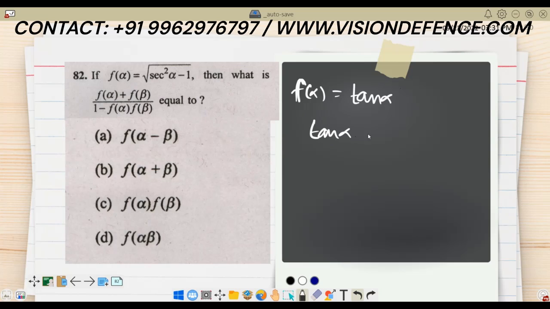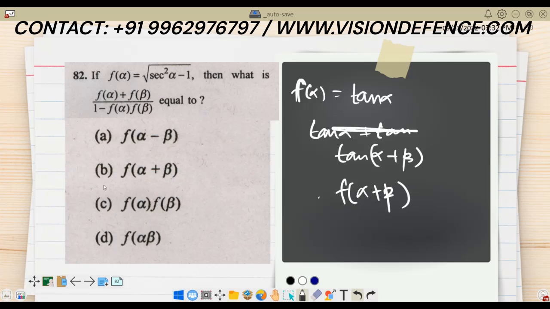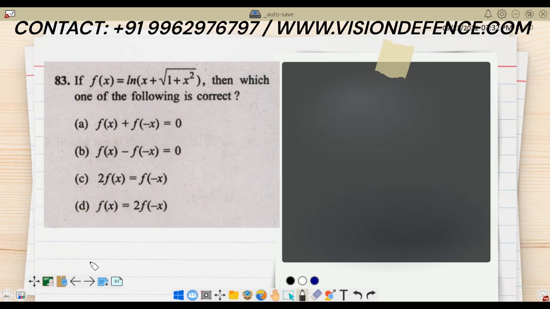This is going to be tan alpha plus tan beta over 1 minus tan alpha into tan beta. This is the tan alpha plus beta formula, right? So this is f of alpha plus beta. B is your answer. Moving on to the next question, 83.